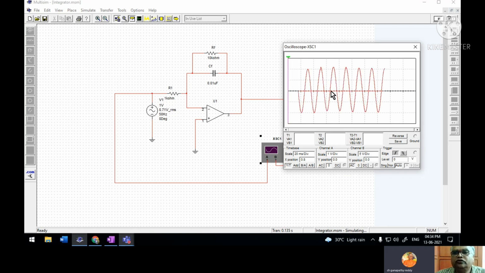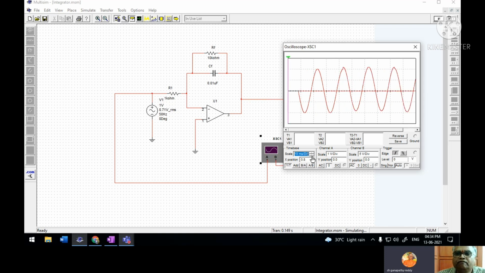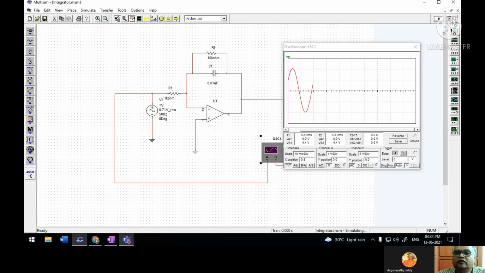This is the output. So two peaks are there, at 5 volts per division. 5 into 2 is 10.